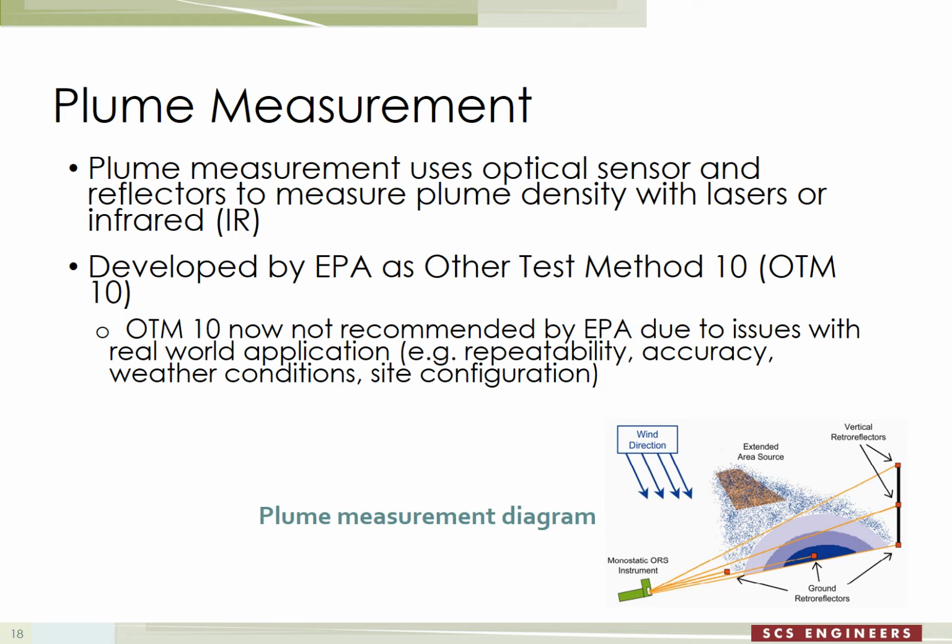There was a methodology developed by EPA that included that, although right now EPA themselves are not even recommending that methodology due to some of the issues they had when they did some research studies themselves, including the repeatability of the results, weather conditions that would affect it, site configuration, the large size of the landfills, the topography of the landfills, and even the wind conditions.